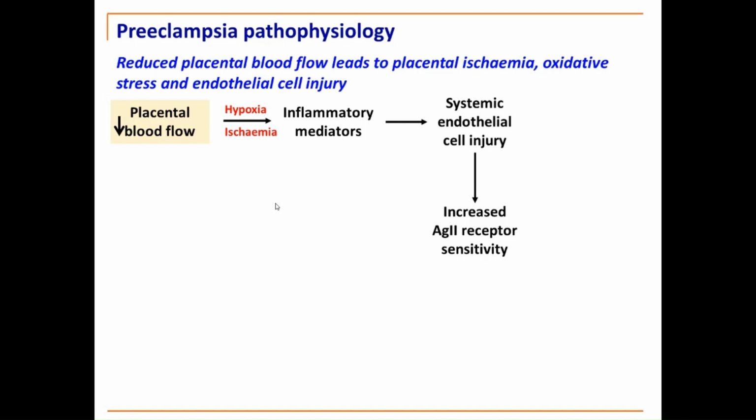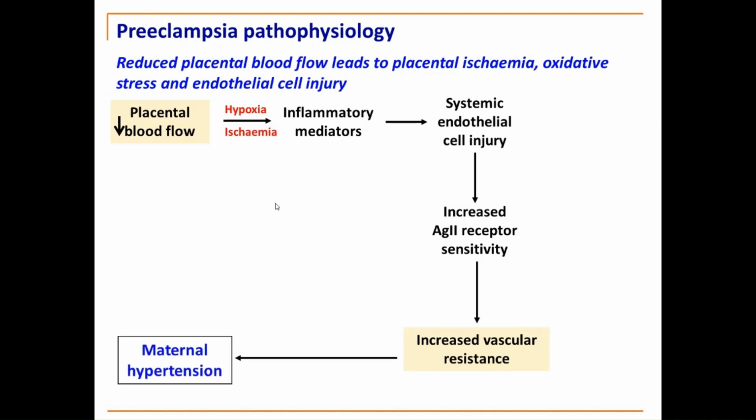So remember, it's normally a potent vasoconstrictor, but during pregnancy, it has less vasoconstrictive activity specifically due to the placental hormones. But all of a sudden, we've got this systemic endothelial cell injury in this pregnancy. We now have increased angiotensin receptor sensitivity that we shouldn't have, meaning we get an increase in our vascular resistance, which of course leads to maternal hypertension.